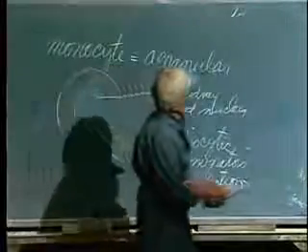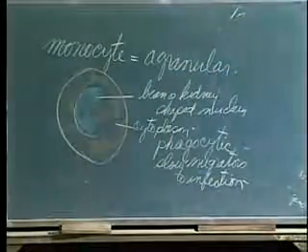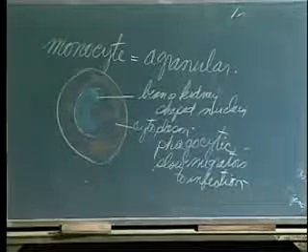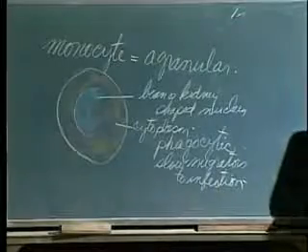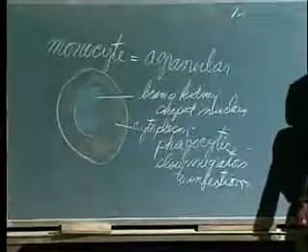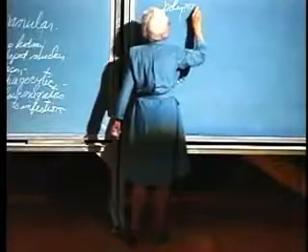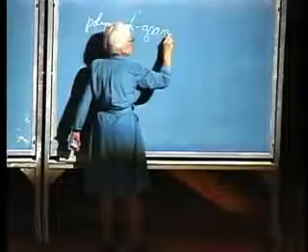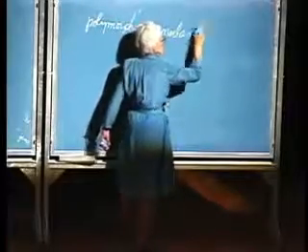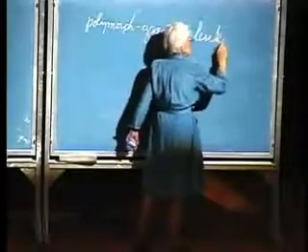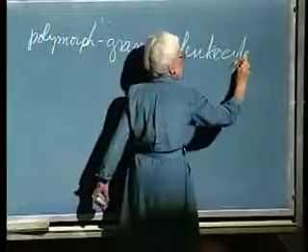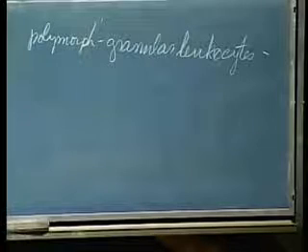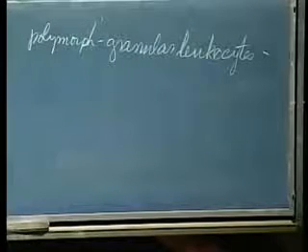Let's start with our polymorph granular leukocytes. And start with the neutrophil that likes neutral dyes.